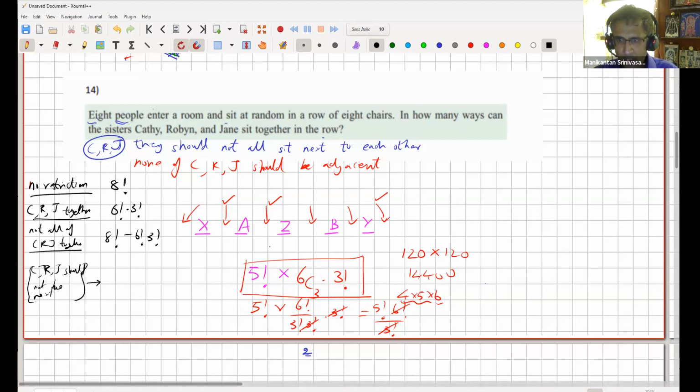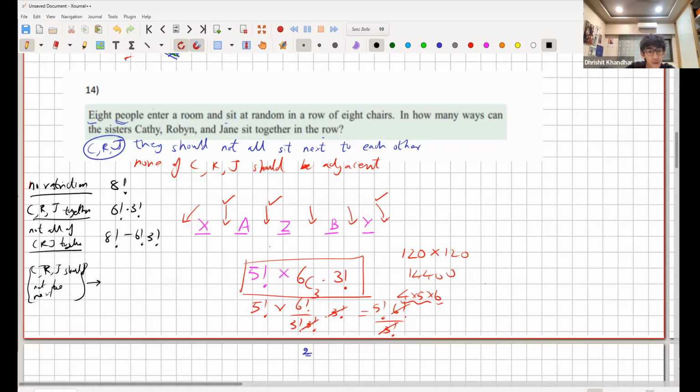So you did not understand why you could not do what? Complete the sentence. Yeah, so I know that over here the 8 factorials cancel out, but then why can't you just add both the situations where they are together and only 2 of them are together, and then subtract that from the no restriction?